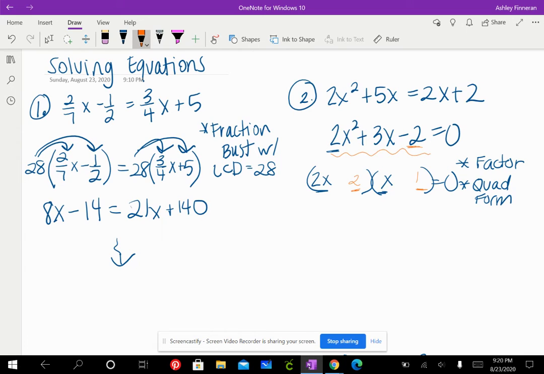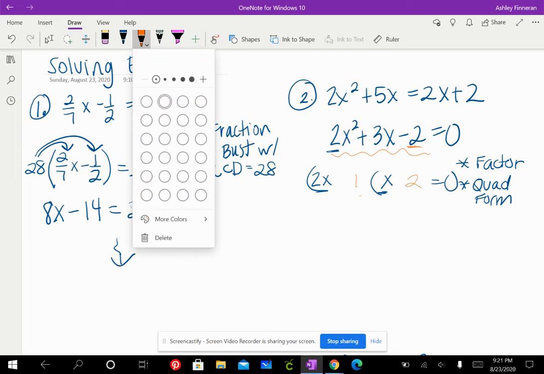But if I put a 2 here, that makes the greatest common factor of this set of parentheses 2. Well, 2 can't be a factor of something if it wasn't a factor of the original. Meaning the only option I have is to put the 1 here and the 2 here.